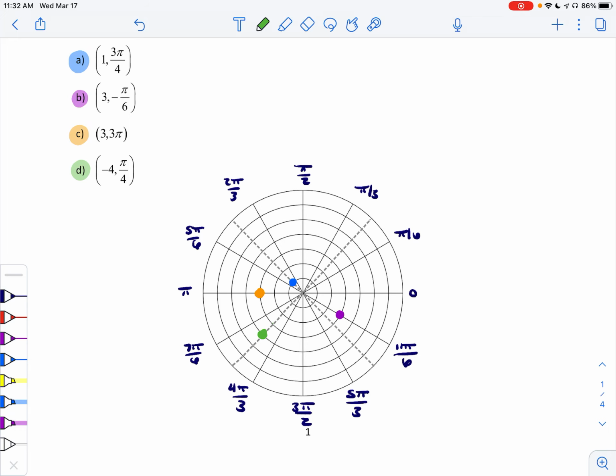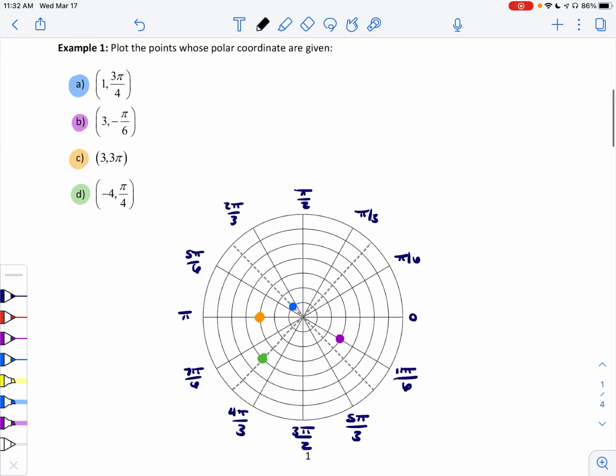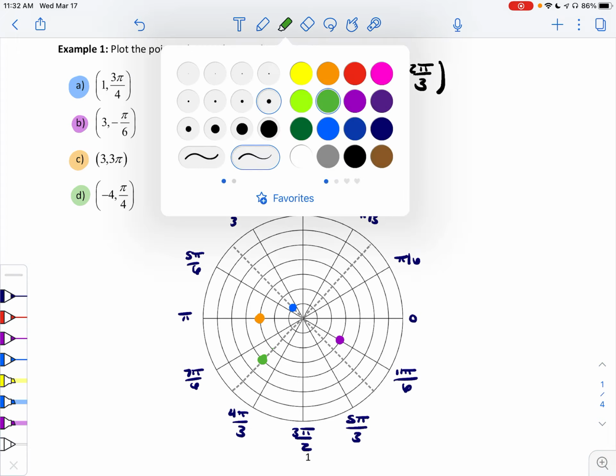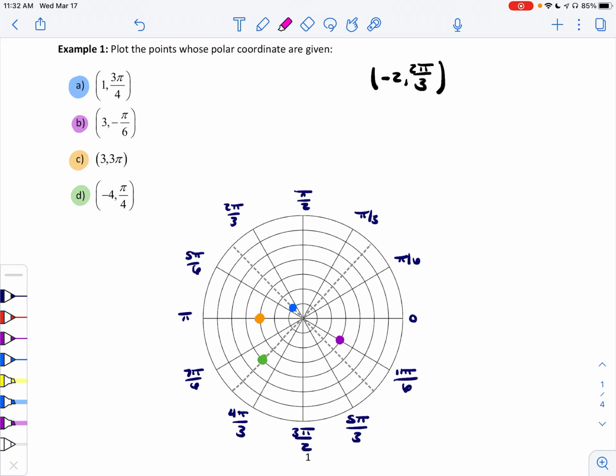All right, now this one's not on here, but let me just show you another one with that negative radius. Let's say we had negative 2, 2 pi over 3. Just to show you another example here. So we would start by looking for our 2 pi over 3 line. So here's our 2 pi over 3.